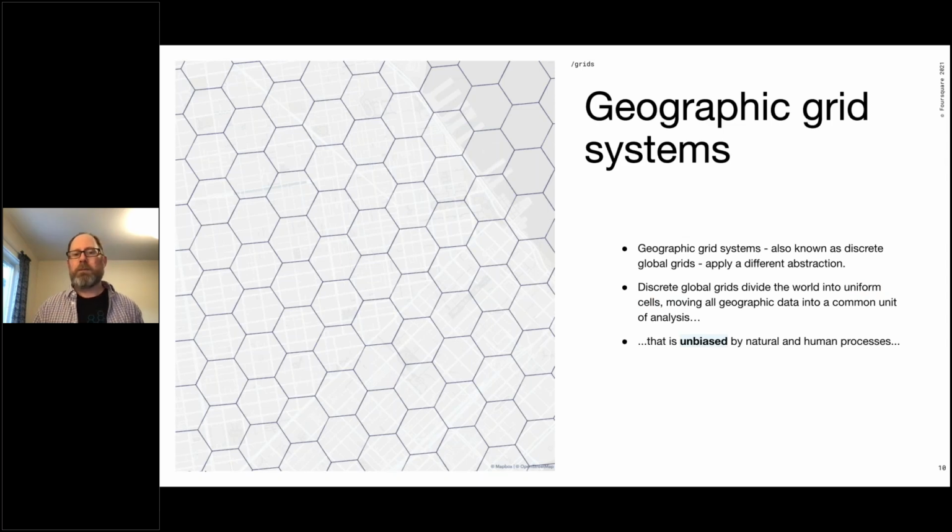One of the great things about these cells is that they are unbiased by what's actually going on in the world. They're unbiased by the natural features of the world. You don't have big interrupts where you have a river or a lake or an ocean. And they're unbiased by human processes like zoning regulations or administrative boundaries, which can really skew some types of analysis.